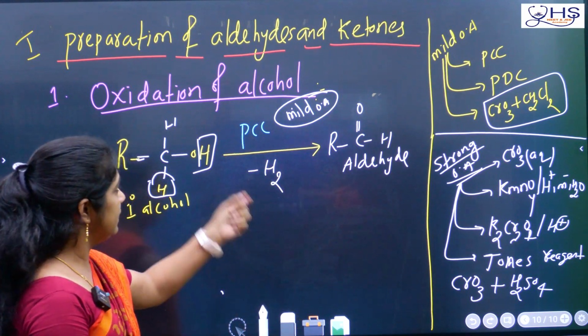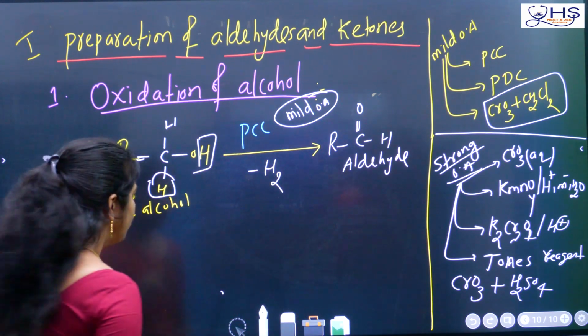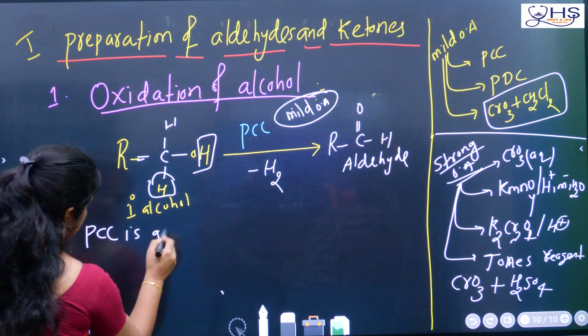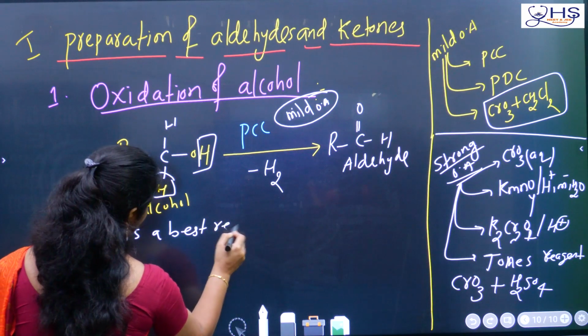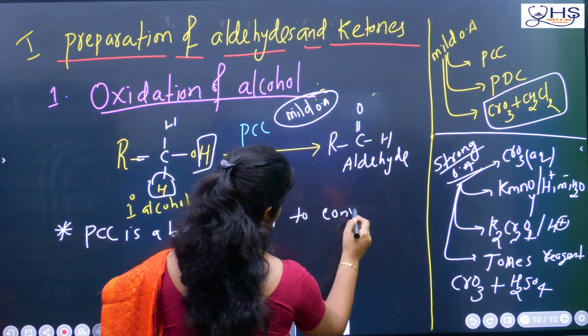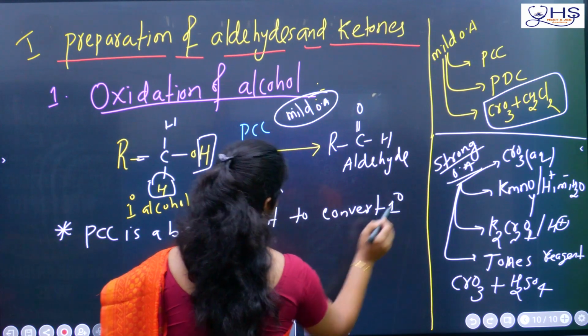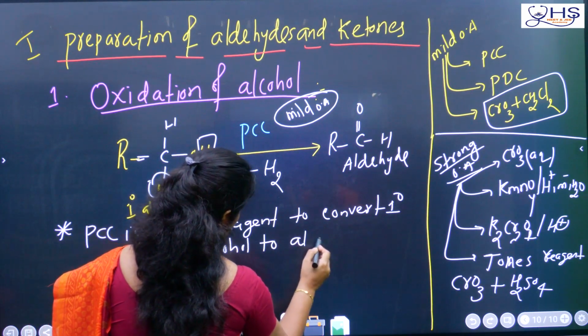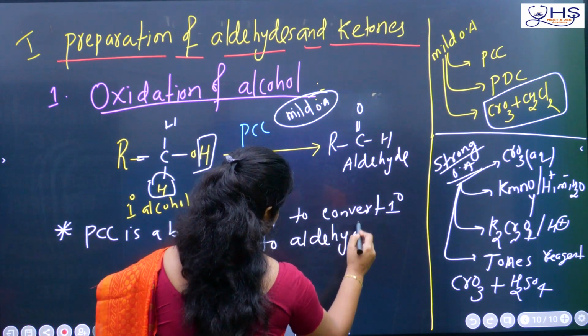But among these three, PCC is the best reagent to convert. Note down, PCC is the best reagent to convert primary alcohol to aldehyde. Primary alcohol to aldehyde, important.